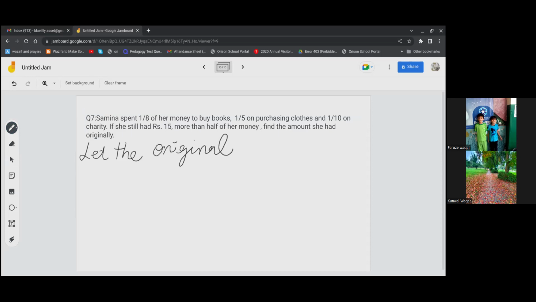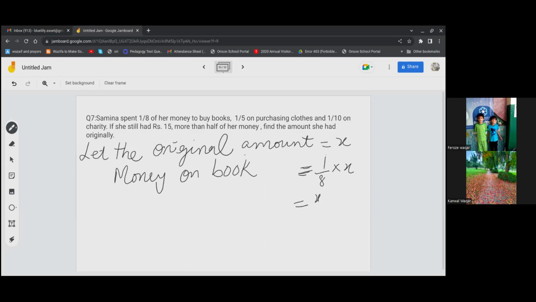Now, which part of her money is spent on books? Money on books is 1/8, but because it is of the amount, we multiply by x, so it is x/8.